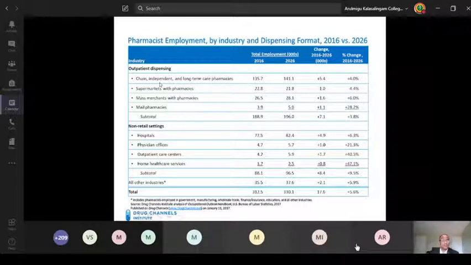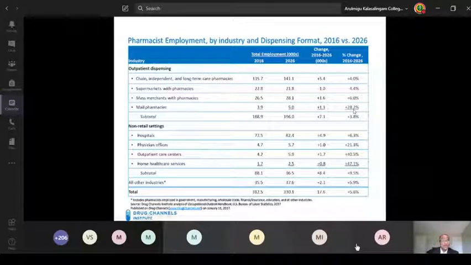Independent pharmacy means, for example, I am a pharmacist and I can start my own retail shop. That is called an independent pharmacist. Then long-term care pharmacies, and supermarkets like Target and Walmart also have their own pharmacy shops. Then mail pharmacies, by mail order only, at 28.2%.